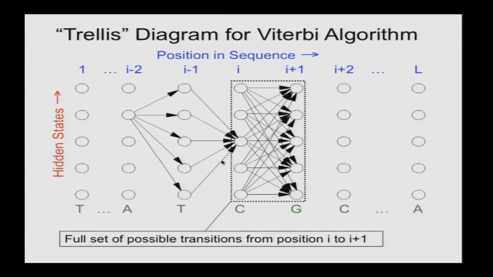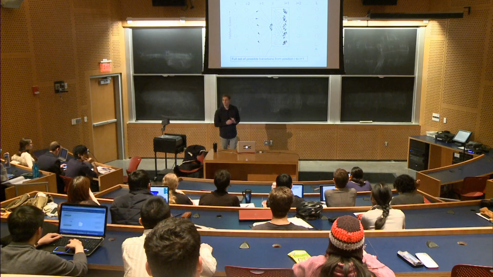And when you're doing the Viterbi, you have to maximize over the 5 possible input transitions into each state. And so the full set of computations that you have to do going from position i to i+1 is k squared. Does that make sense? And then there are L different transitions you have to do, so it's k squared L. Any questions about that?